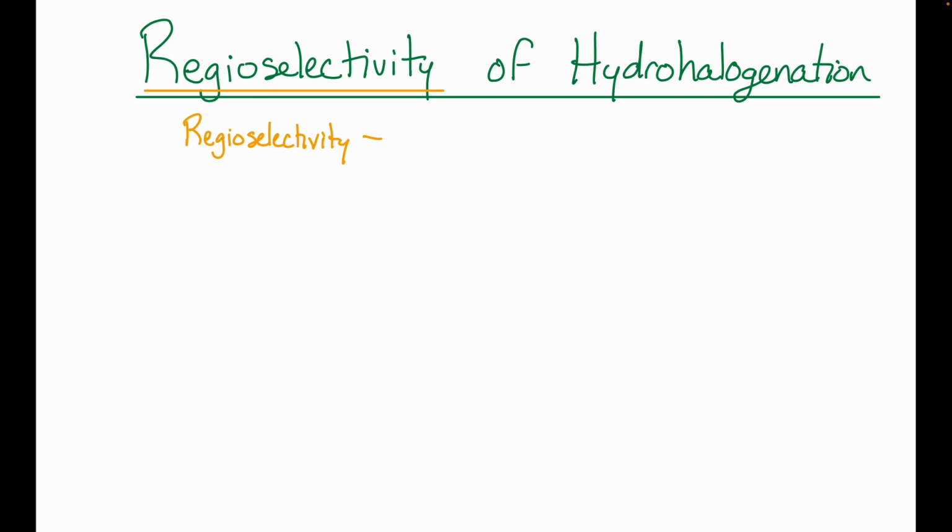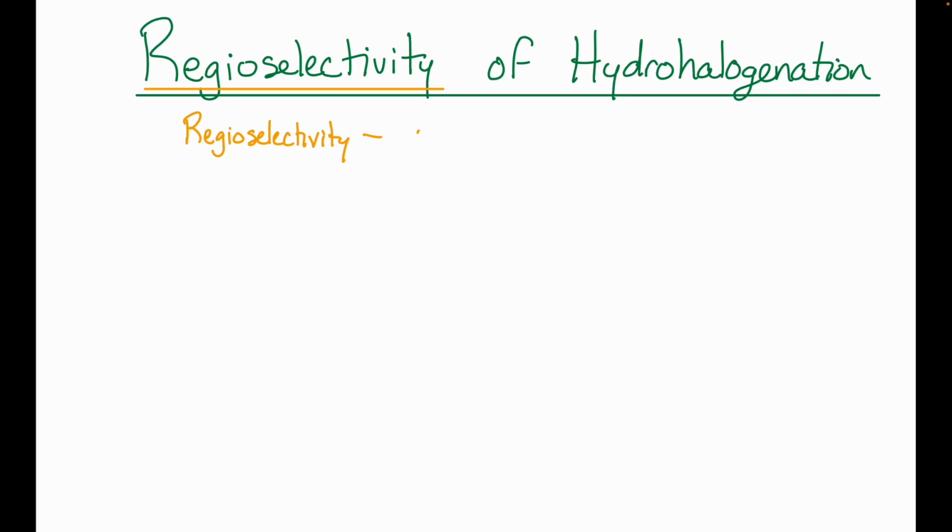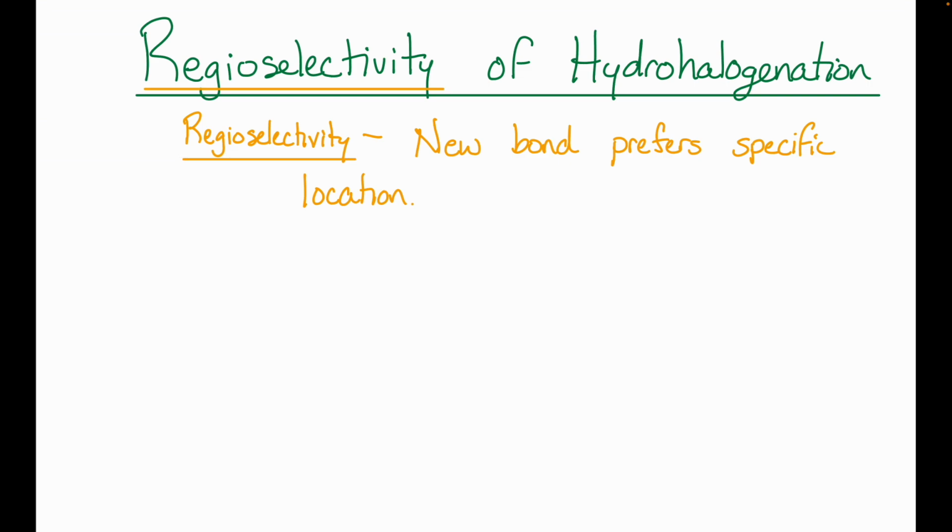This is this phenomenon we see when a new bond is specifically preferred in a particular location in your molecule, all right? So our new bond prefers a specific location.